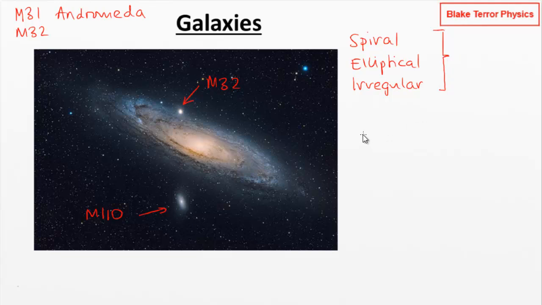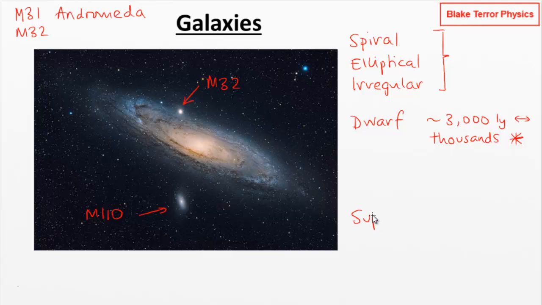Also, let's talk about sizes of galaxy. You can go from dwarf galaxies, which might just be a few thousand light years across. So you might get something which is, say, 3,000 light years in diameter. It'll have a few thousand stars. So we're counting in the thousands when it comes to stars. So you've got those dwarf galaxies.